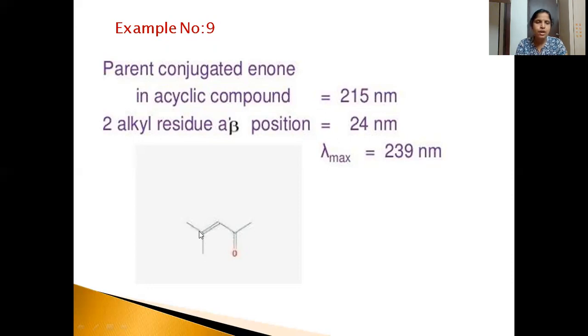So there are two alkyl substituents attached at the beta position. For each alkyl substitution at the beta position, the increment is 12. As there are two alkyl substituents, it is 2 into 12, that means 24. And the total calculated lambda max is 239 nanometers.